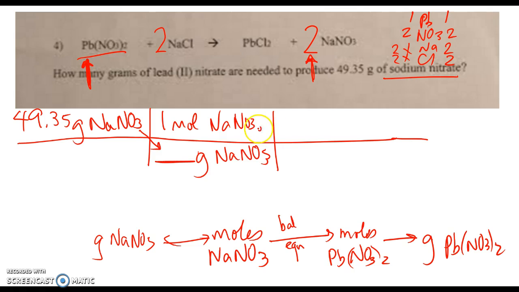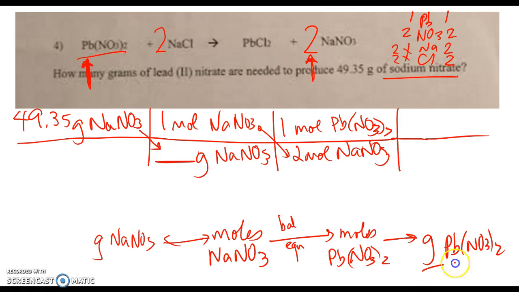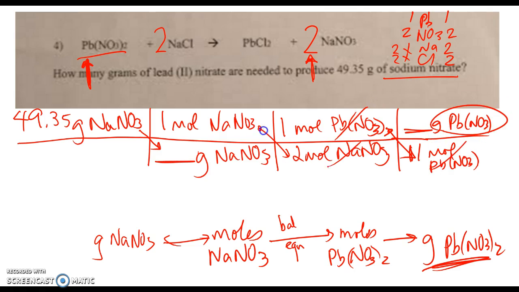So this unit comes down, so 2 moles sodium nitrate for every 1 mole lead nitrate. And then finally, to get to grams of lead nitrate, this unit comes down, right? 1 mole lead nitrate is so many grams of lead nitrate. You'll figure that out. That's the molar mass. And then you're left with that unit, because those cancel, those cancel, those cancel. Okay.